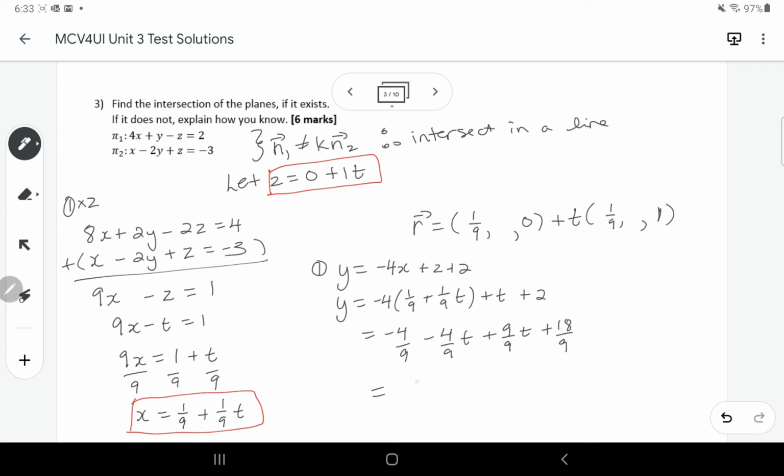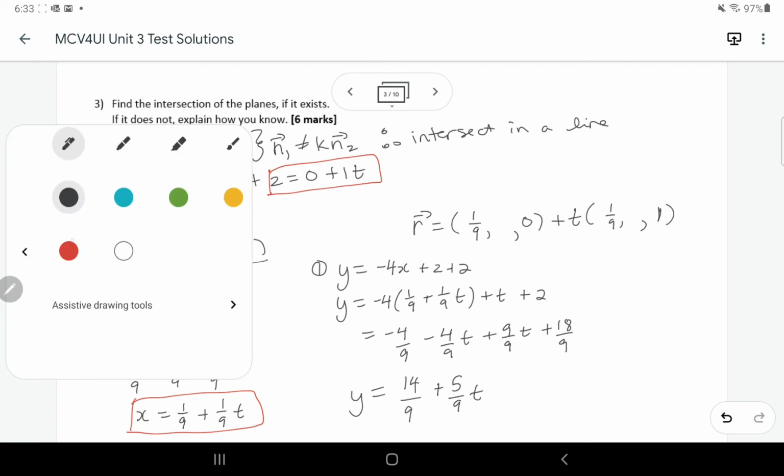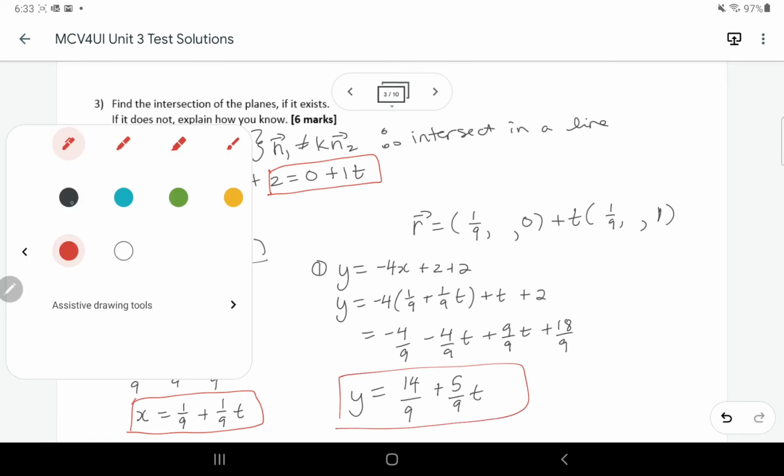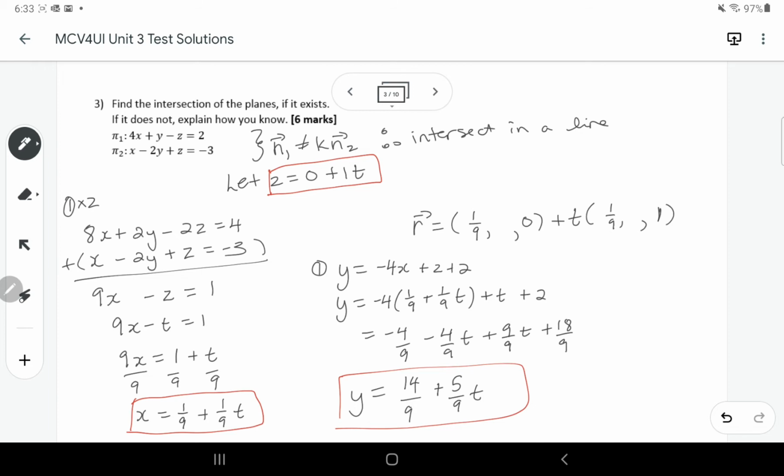So then I've got 14 over 9 plus 5 over 9t, and that is my y. And then I can take those components and put them into my vector equation. It doesn't specify any different kind of equation here, so we can just leave it as is. That's all set for number 3.